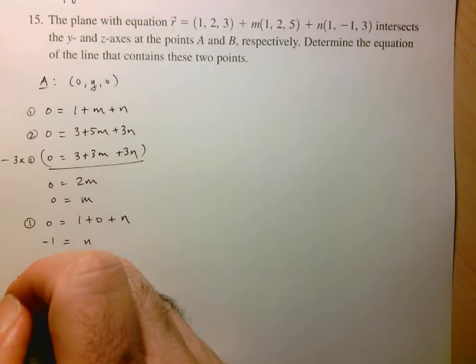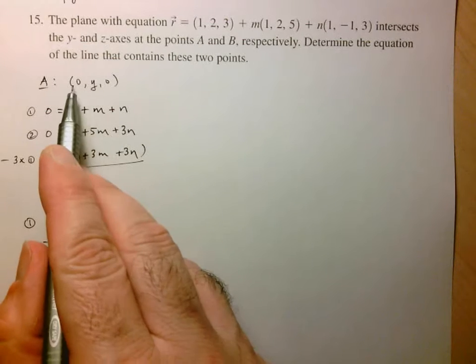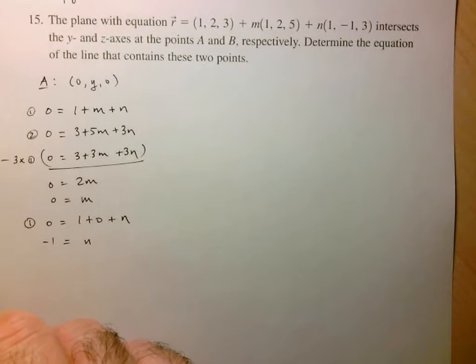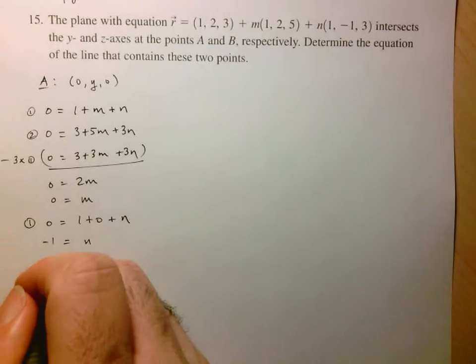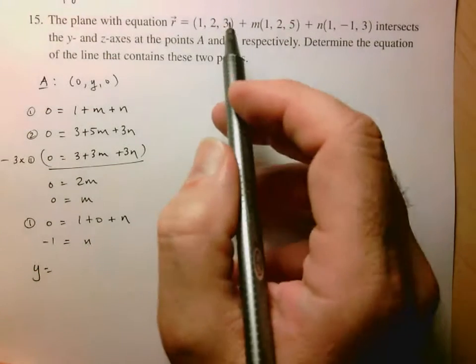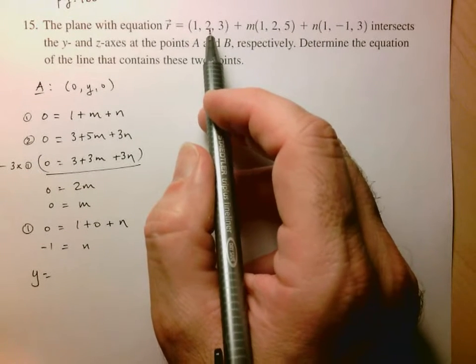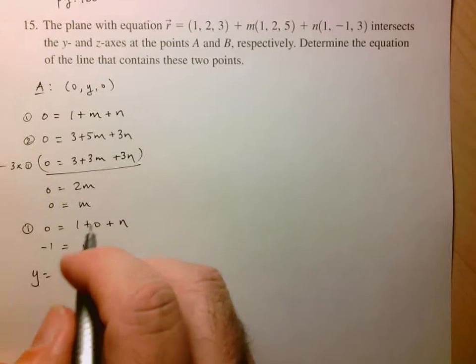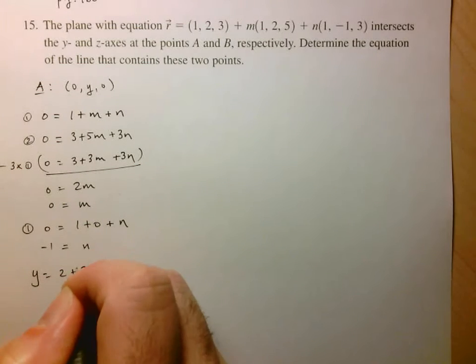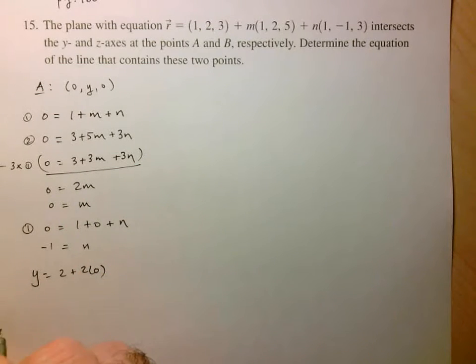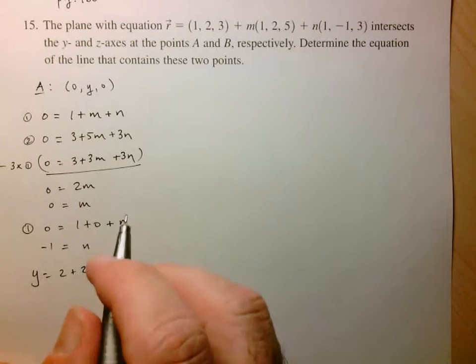Now that I have the m and n values that make the x and z components 0, I can now use that to find y. So remember, the point we're looking for is on the plane. So it's 2 plus 2 times m. So 2 plus 2 times, well, m is just 0, so nothing interesting there.